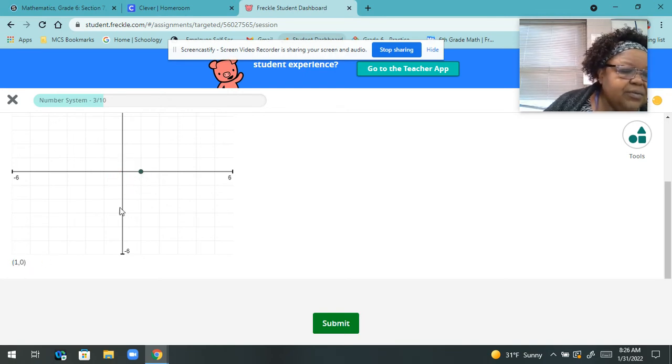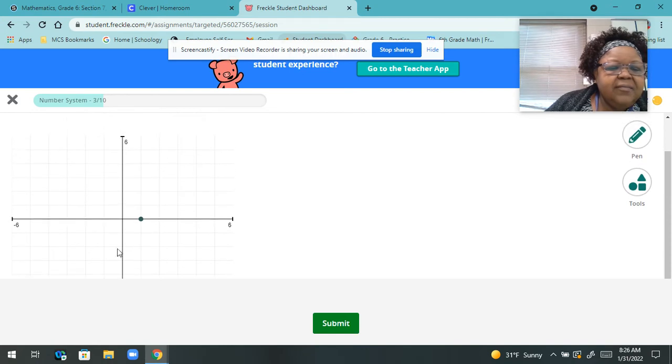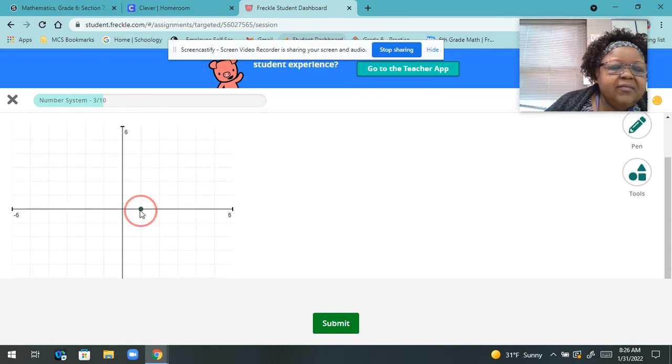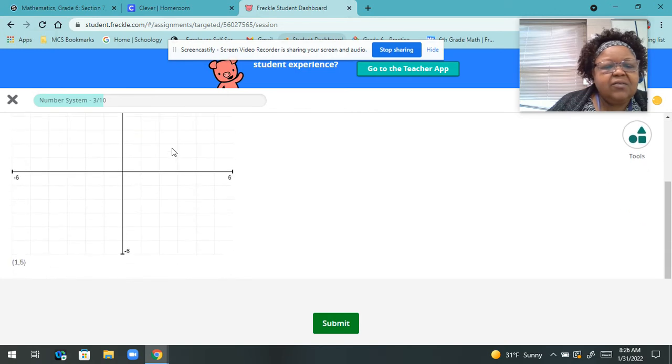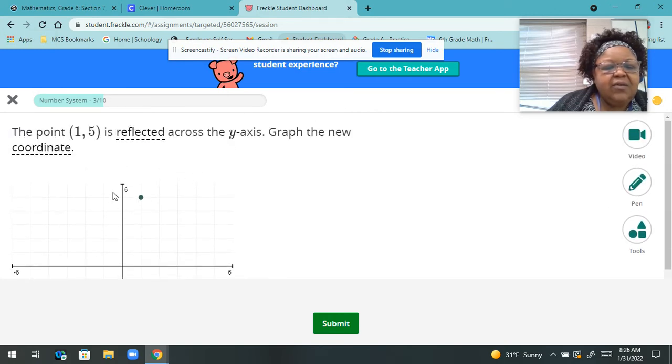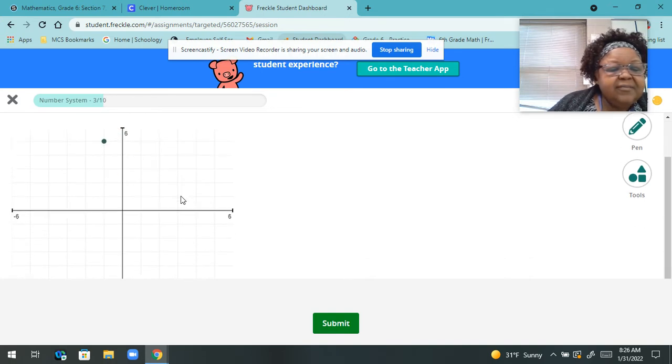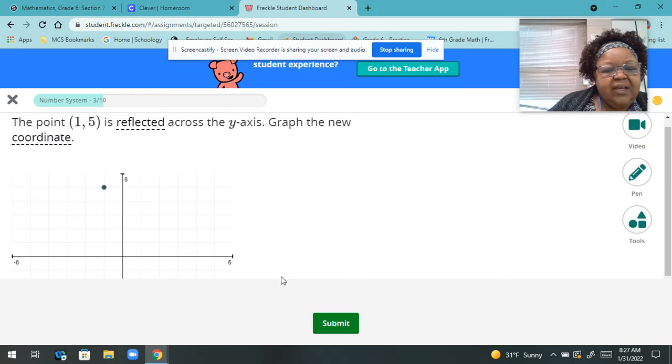You see where it's showing you the coordinate down there? 1 and 5. There must be something wrong with my eyes because I can't see those coordinate grids. They're very, very faint. So that's 1, 5, and it's reflected across the y-axis. So if I reflect across the y, this is my y-axis, this is my mirror, so it's going to be -1, 5. So that should be it.